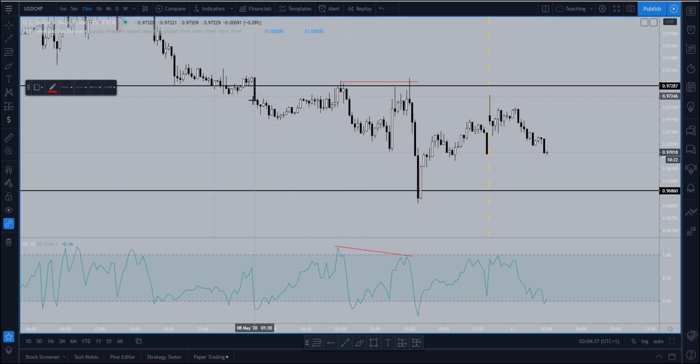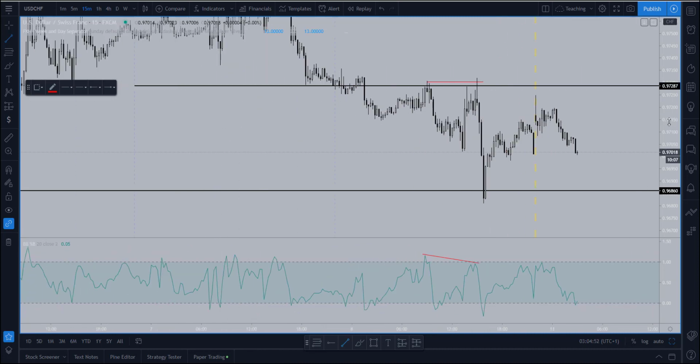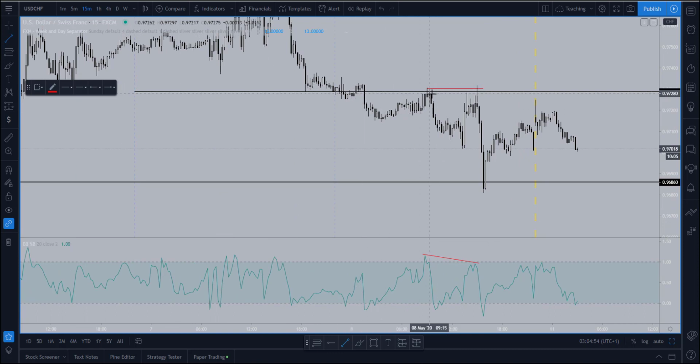Another thing you could have done is, when this went down and closed below, on the next retest you can just go short. Then find a swing high here to place your stop, or you can just go with a fixed figure. Let's say you go short here and you give yourself 15 pips or 20 pips as your stop loss. So you put this line and you place 20 pips above it, which is right there.